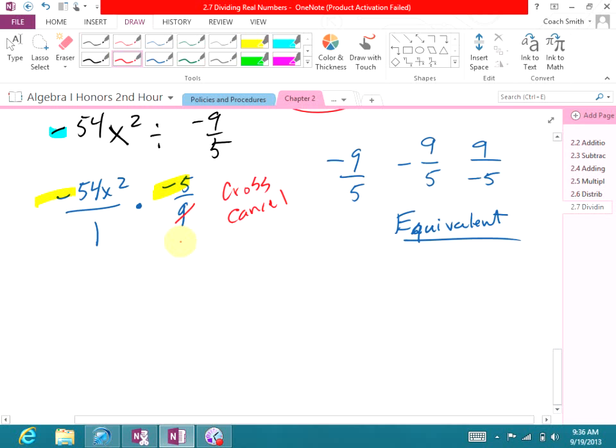Okay? 9 goes into 9 one time. 9 goes into 54 6 times. Okay? There are no variables, so I can't reduce any of them. Okay? And so that would give me on top negative 6x squared over 1 times negative 5 over 1, which gives us 30x squared, positive.